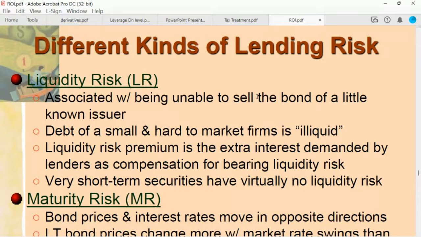In other words, they have plenty of assets they can easily liquidate. So on the second level, liquidity means cash flow.